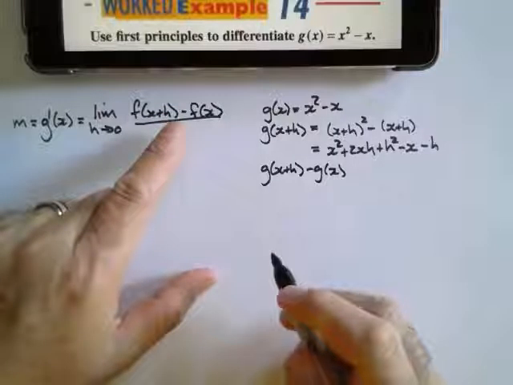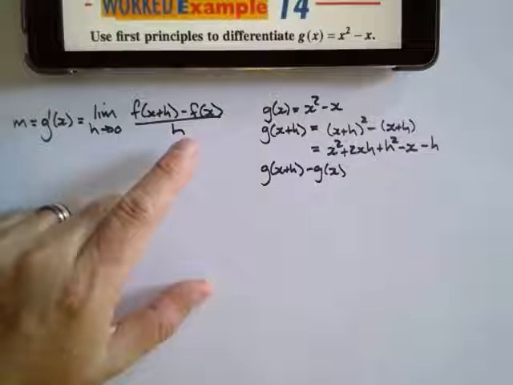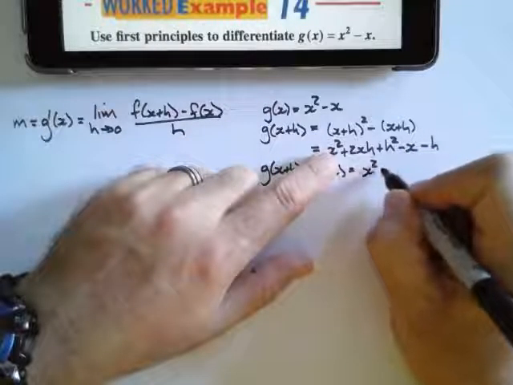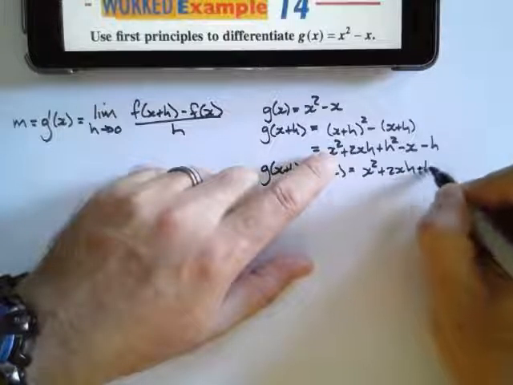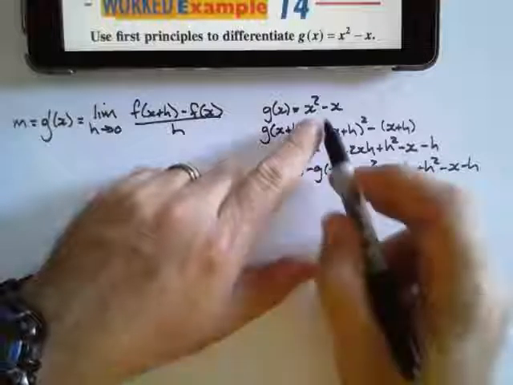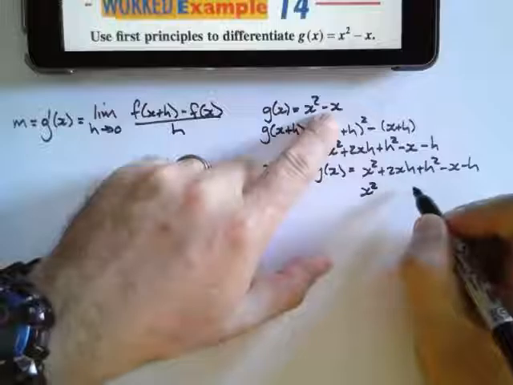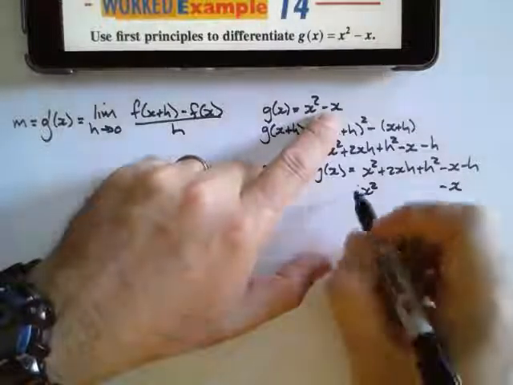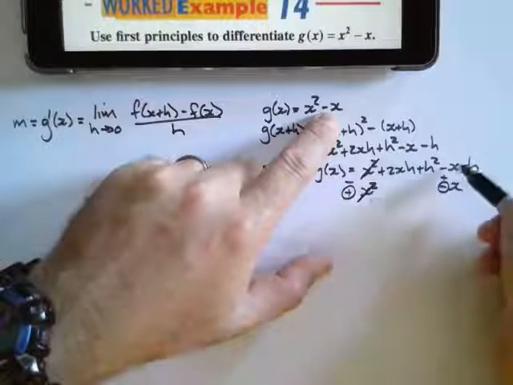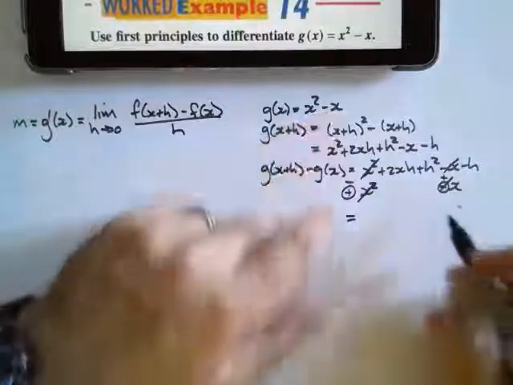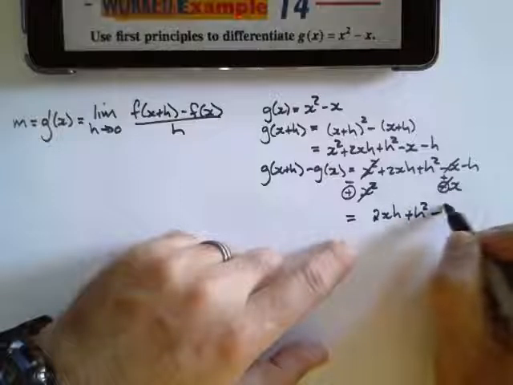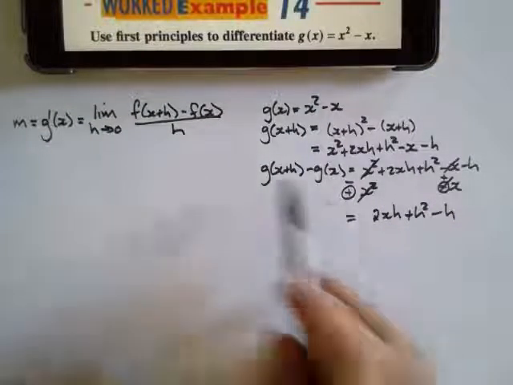One way to do this is to write g(x plus h) as x squared plus 2xh plus h squared minus x minus h, and then write g(x) underneath: x squared minus x. If I subtract, remember positive becomes negative and negative becomes positive. You can see this is going to cancel, that's going to cancel. What I'm left with is 2xh plus h squared minus h. So I have done this step.